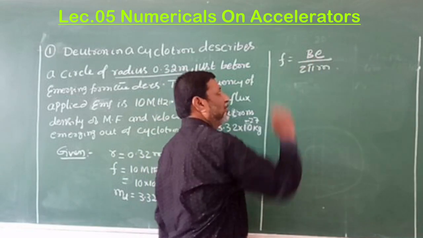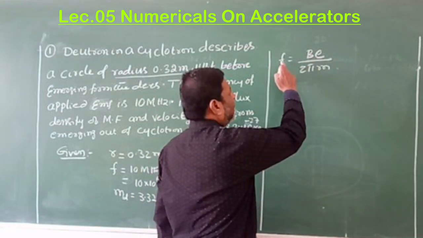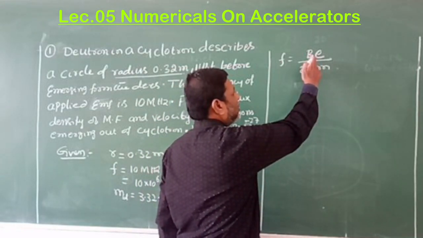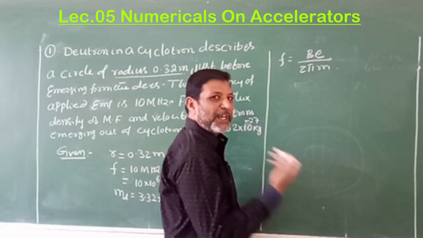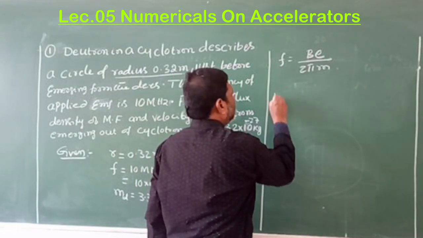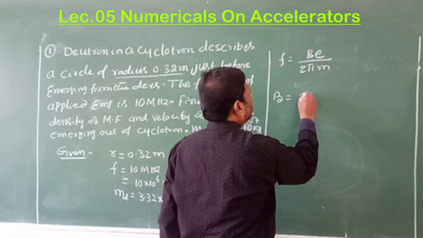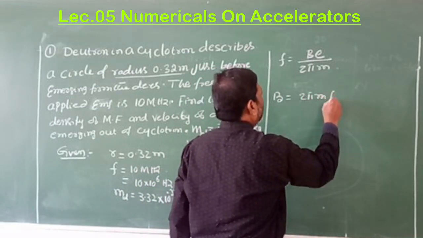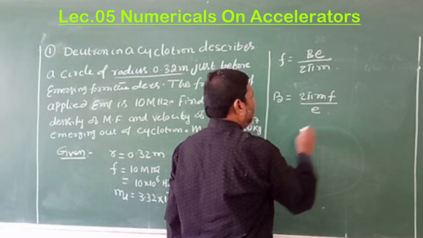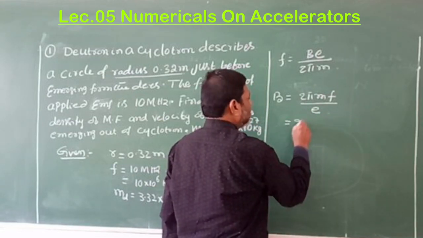Therefore, you know all the values except the magnetic field B, so you can calculate it very easily. Then B is equal to 2 pi m F divided by E.